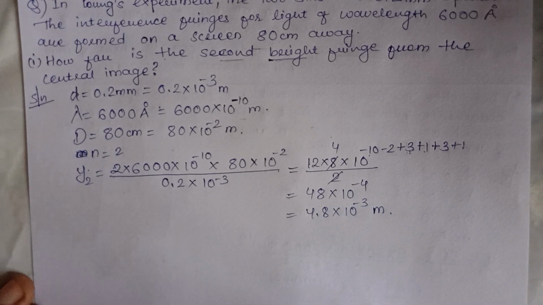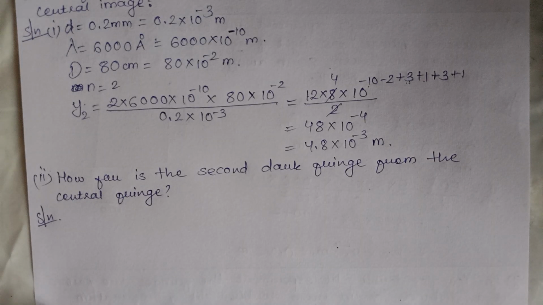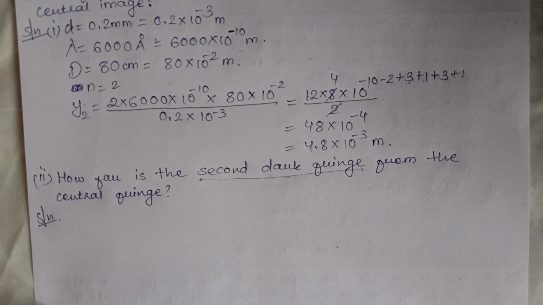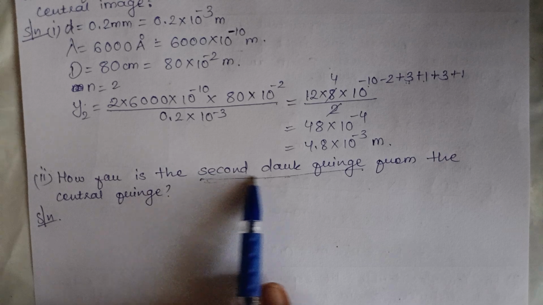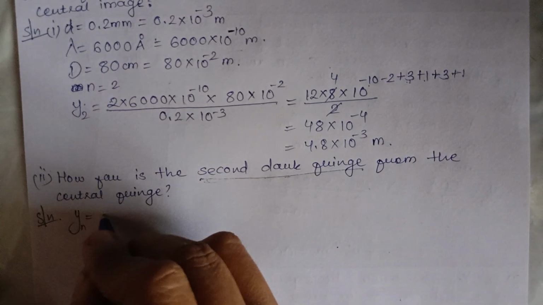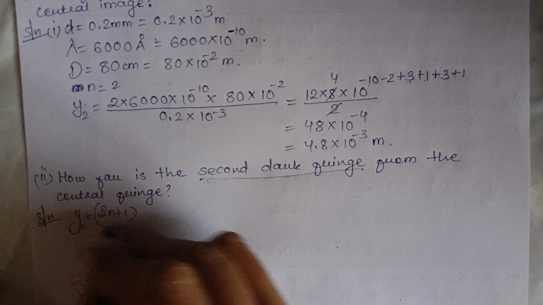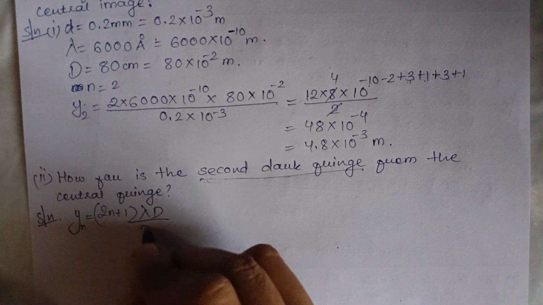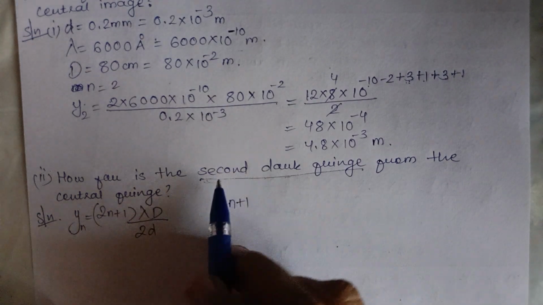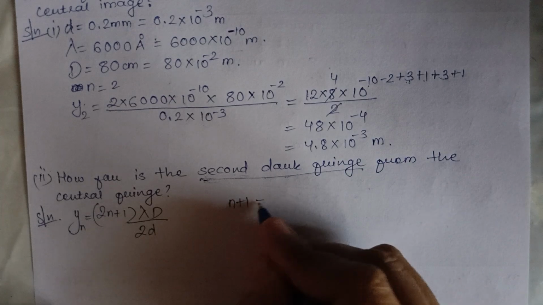Okay. So there is one more sub question for this question. How far is the second dark fringe from the central fringe? So everything is same. Only thing is we are given second dark fringe. So if we are taking the formula y_n equal to (2n plus 1) into lambda D upon 2d, that time you have to use n plus 1, the given dark fringe, that is 2.